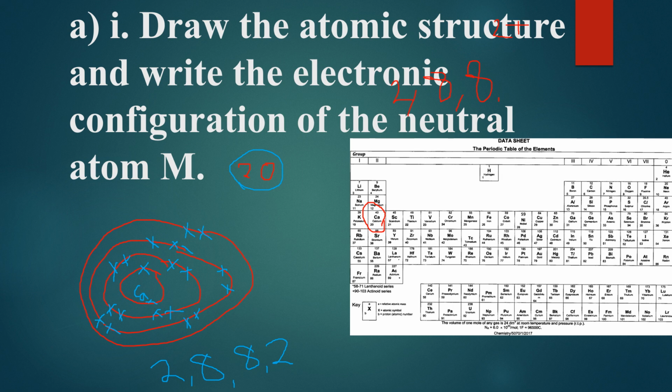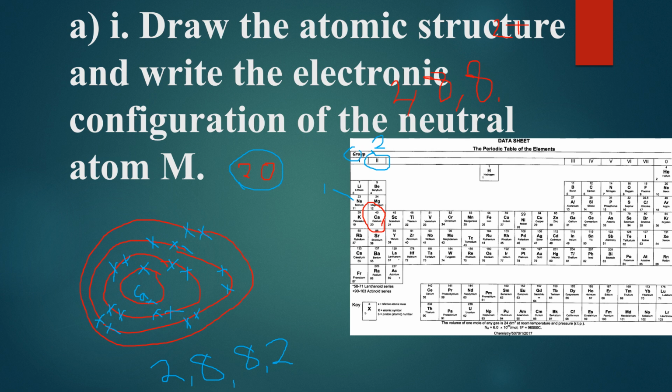On the periodic table we have groups and periods. Calcium is in group 2, meaning it's a metal and needs to lose 2 electrons to be stable. In group 1 we have elements like sodium, which has 1 electron in its outermost shell, meaning it needs to lose 1 electron to be stable.